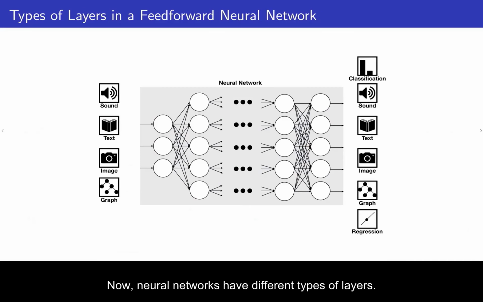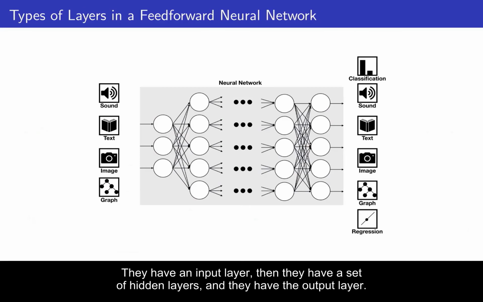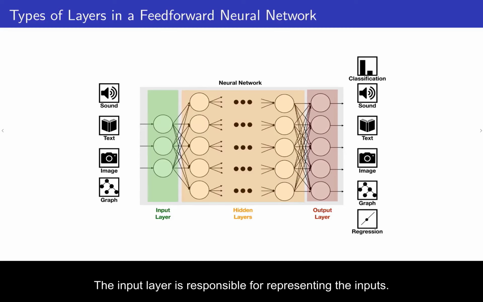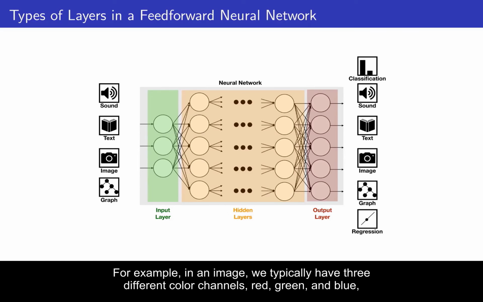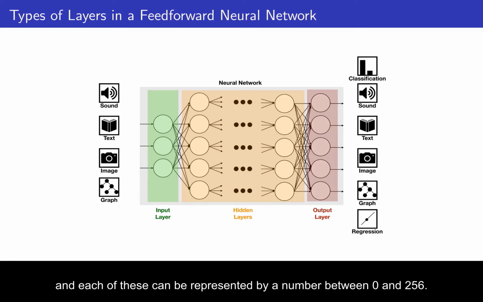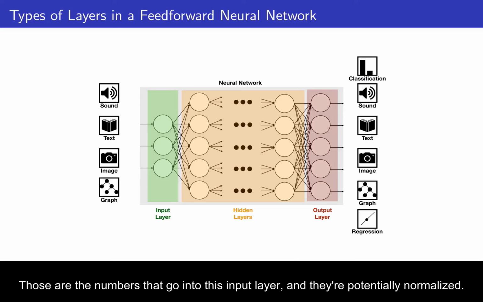Now, neural networks have different types of layers. They have an input layer, then they have a set of hidden layers, and they have the output layer. The input layer is responsible for representing the inputs. For example, in an image, we typically have 3 different color channels, red, green, and blue, and each of these can be represented by a number between 0 and 256. Those are the numbers that go into this input layer, and they're potentially normalized.